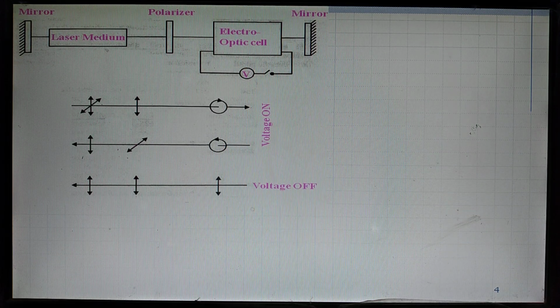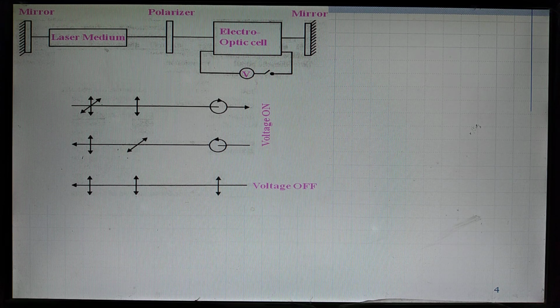In the figure, an electro-optic shutter along with a polarizer is arranged inside the optical resonator. From this figure, we can easily show why light is not allowed to pass through the polarizer during the voltage on condition.